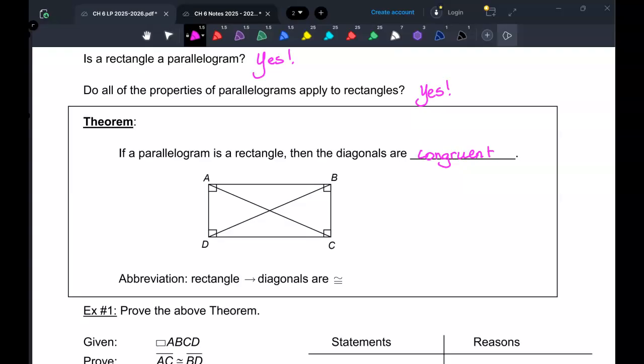So when you have a parallelogram and it's slanted, one diagonal is longer. Now if you have a rectangle, they're congruent. That makes not just these two segments congruent, but all four congruent.